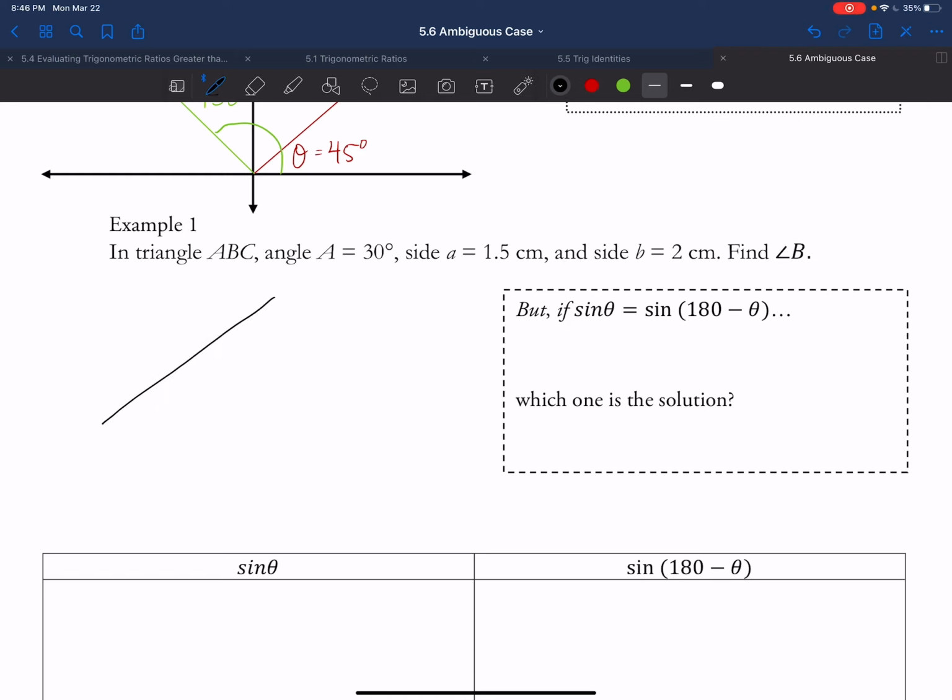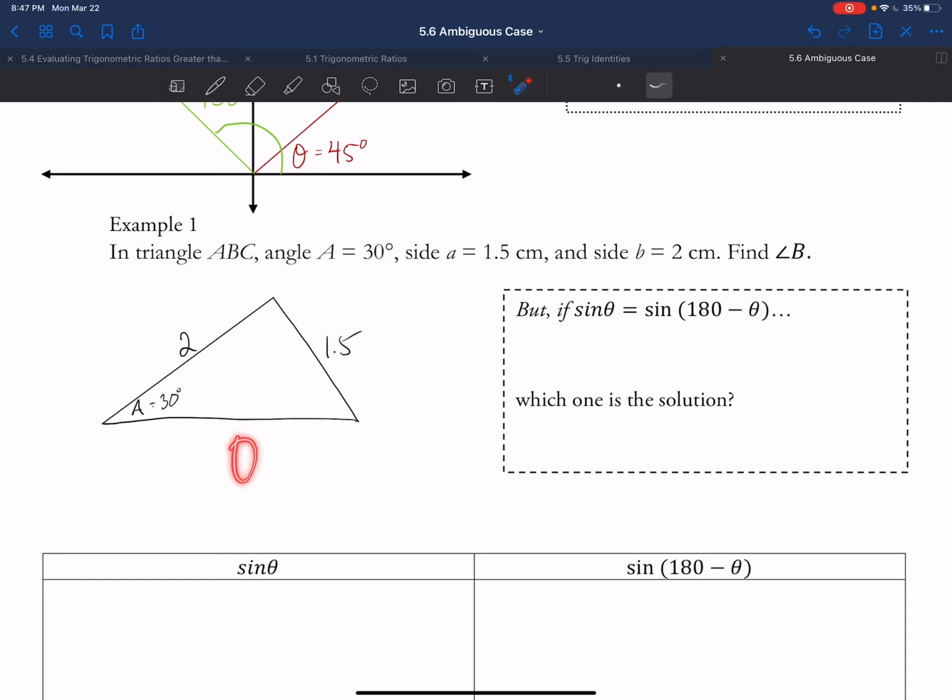So if this is angle A here, which is 30 degrees, opposite to that is side A. And I'm just saying that this is side B. There's no reason.